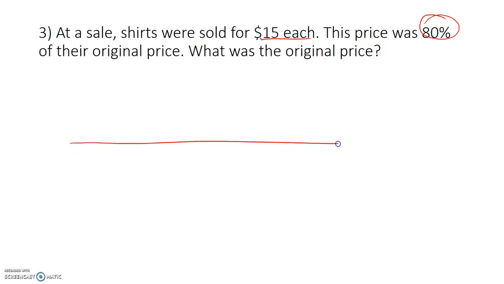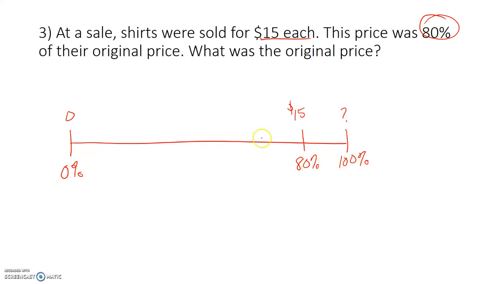The first thing you should have done was drawn a diagram where we have 0% here, which means it would be $0, and 100%, which we don't know, but we want to know. But we do know 80%. 80% is $15. Okay. So let's go backwards.